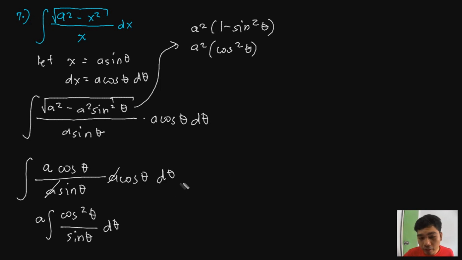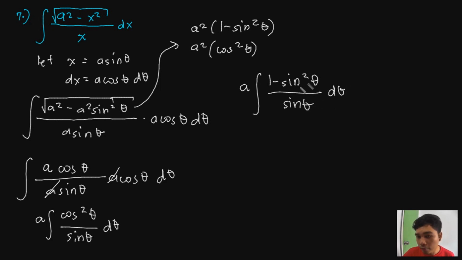Okay, for the next one, how do we deal with this expression, no? Hindi na tayo mag-use ng substitution dito, kasi we need to express the numerator in terms of cosine d theta, but then meron pa tayong isang cosine kaya nga naging square. So, hindi pa siya applicable for this case. So, what I'll be doing is that I'll apply yung ating identity for cosine, that is 1 minus sine squared theta, over sine theta d theta.